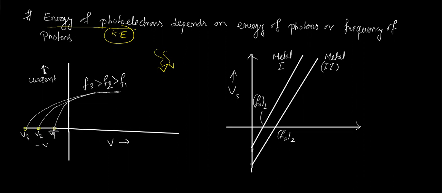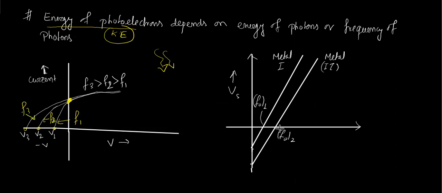And for three different stopping potentials, the value of current is the same. And here f3, f2, and f1 represent the frequencies. So V1 represents the smallest value of stopping potential, so its corresponding frequency is f1, its corresponding frequency is f2, and its corresponding frequency is f3.